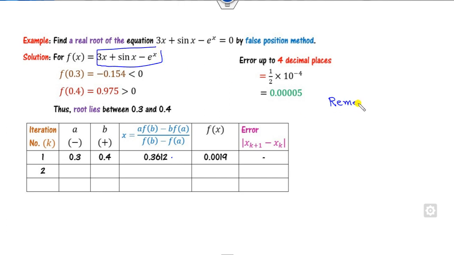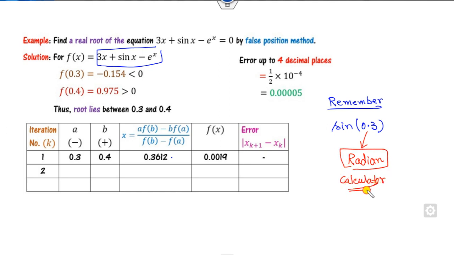Remember, one important note: when you are trying to calculate the value of sine 0.3, make sure you set your calculator to radian. Remember, when you are using your scientific calculator, set the radian angle when you calculate sine or cosine or tan. Any trigonometric function, you set as radian.